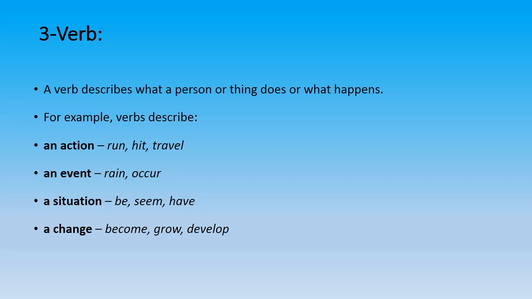For example, verbs describe an action like run, hit, travel. An event: rain, occur. A situation: be, seem, have. And a change: become, grow, develop. So all these examples are showing the different states of a verb.